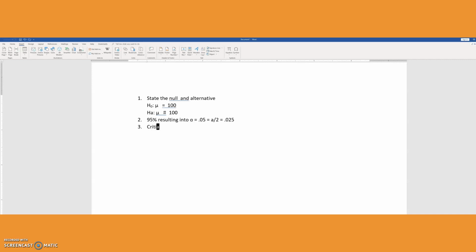Now we're going to look for the critical value, which means what is the z value at the 95% confidence level, or alpha 0.05 with two tails, which we divide into two sides. I could look it up in Google if you wish.